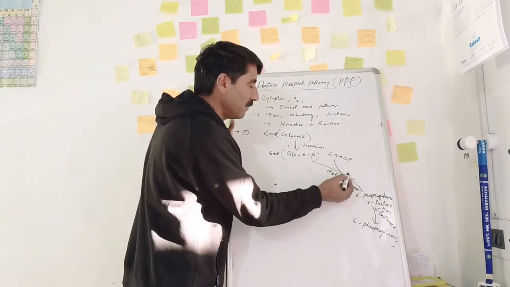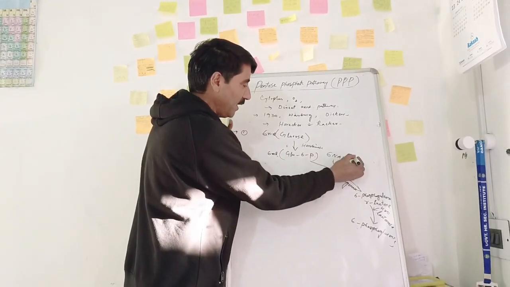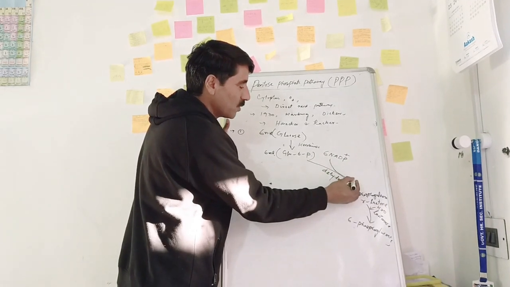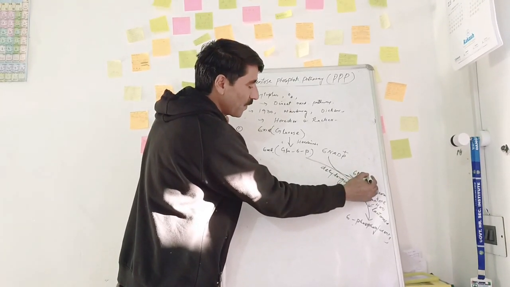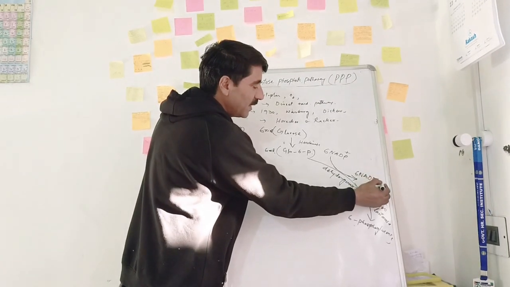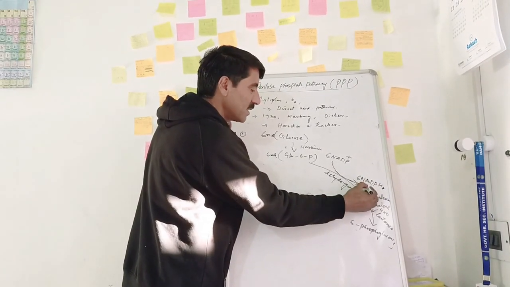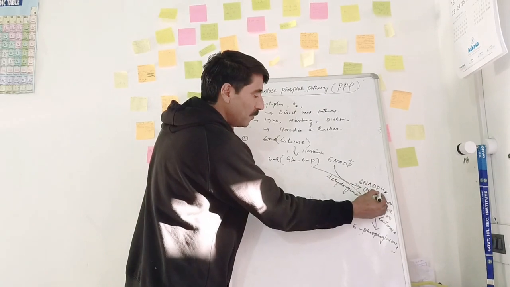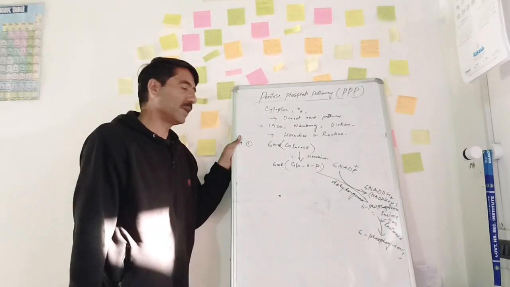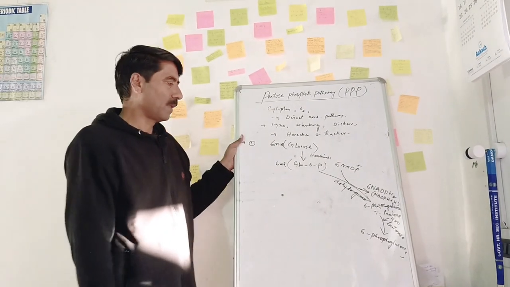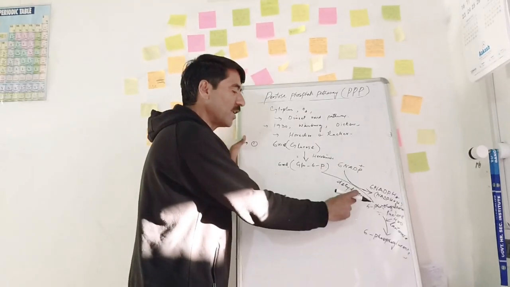This oxidized NADP positive gets reduced to NADPH2. Simply we will call it NADPH2, but actually it is NADPH plus H positive, which we have earlier discussed. Here, during this step, there is dehydrogenation.